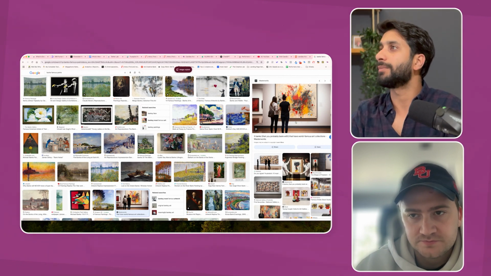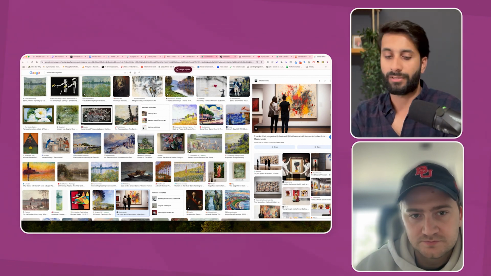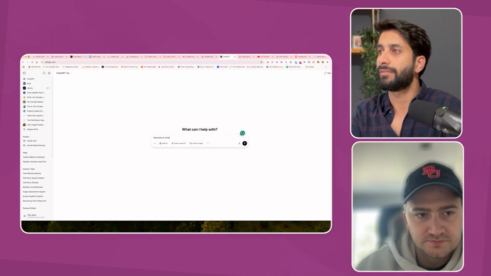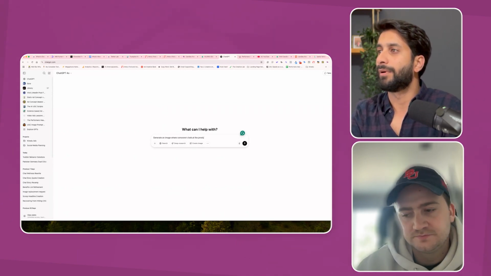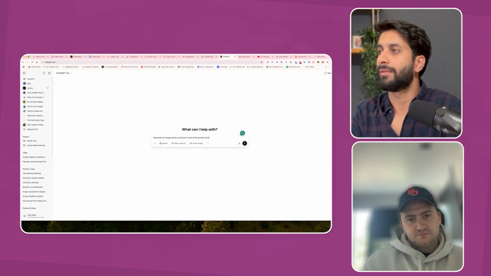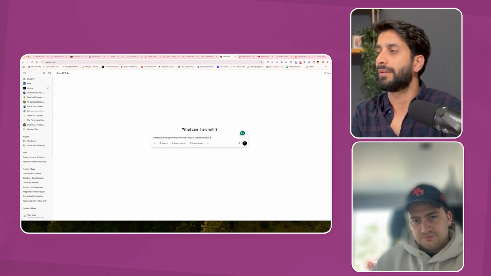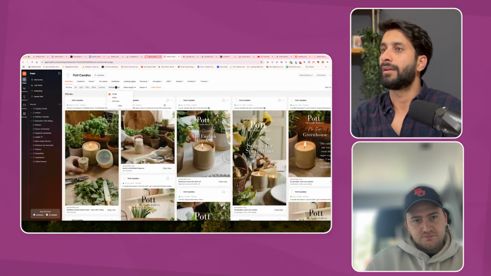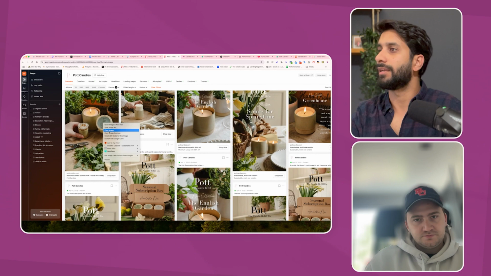And I'm gonna go to ChatGPT, generate an image where someone's looking at the product, but it is a paint. And then what I'm gonna do is I'm gonna say, let's say this one looks good.